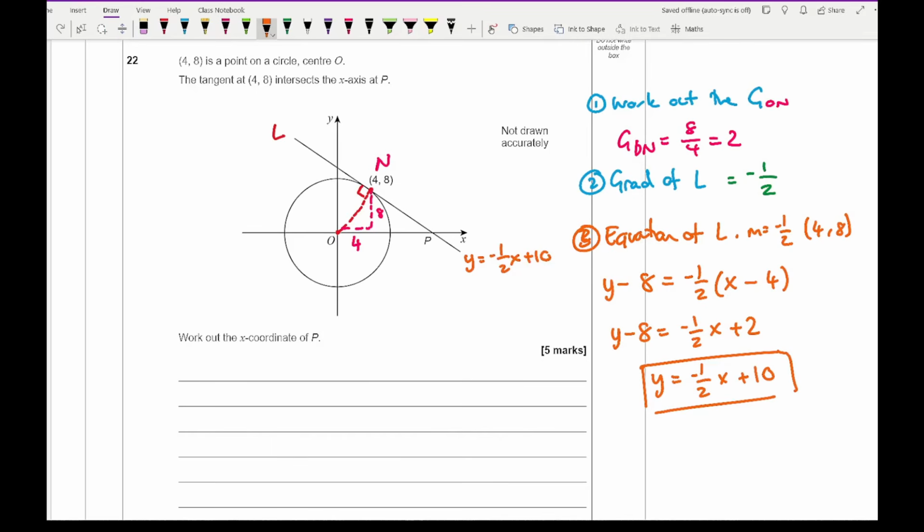Then to find P, at P, y equals 0. So what I end up with is 0 equals minus a half x plus 10. So that means that minus 10 equals minus a half x. So then positive 20 equals x. So x equals 20.